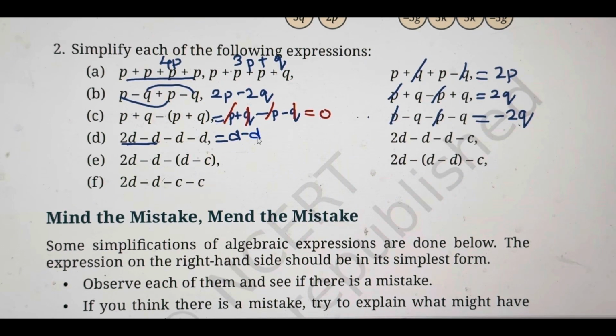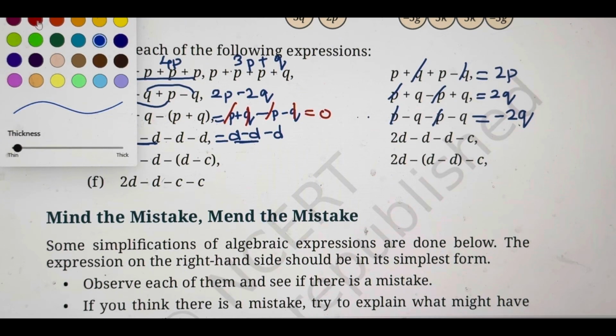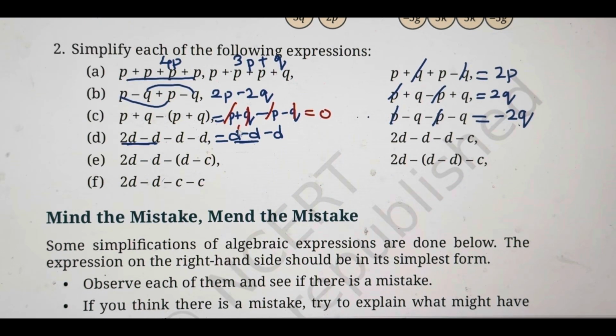And still minus 2 minus D will remain. Now if we solve this 2D minus D, this will become 0. Or you can even strike off positive D minus negative D. And what is left is minus D. Okay. This is one way.